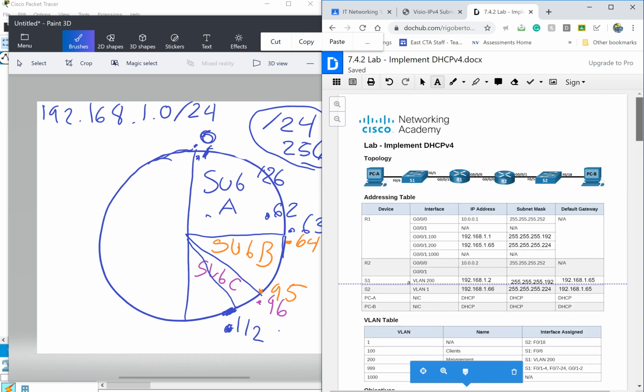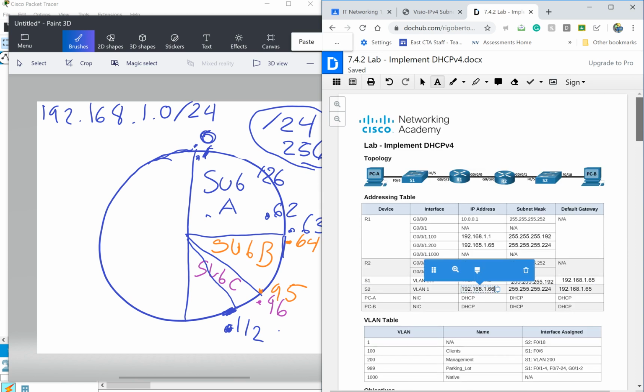This says S2's VLAN 1, so I'm going to take that one out too, until I'm sure of it. Not a big deal. Like I said, if I have to revisit this later and change it, we'll do that. Instructions not clear, blew up Packet Tracer. All right, we'll leave that like that.